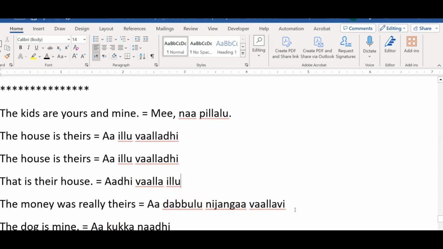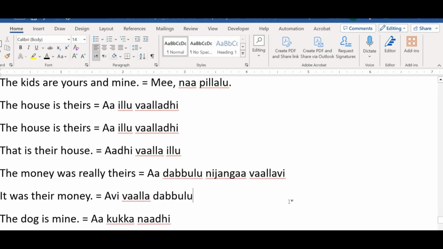Similarly, the money was really theirs. ఆ డబ్బులు నిజంగా వాళ్ళవి. Now let's compare. It was their money. Since this is past tense we use it was their money. ఆ డబ్బులు, అవి వాళ్ళ డబ్బులు.